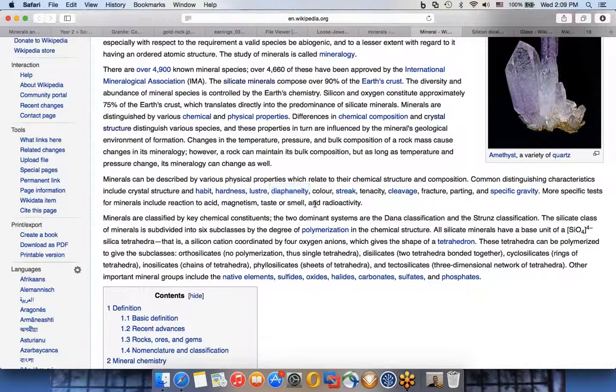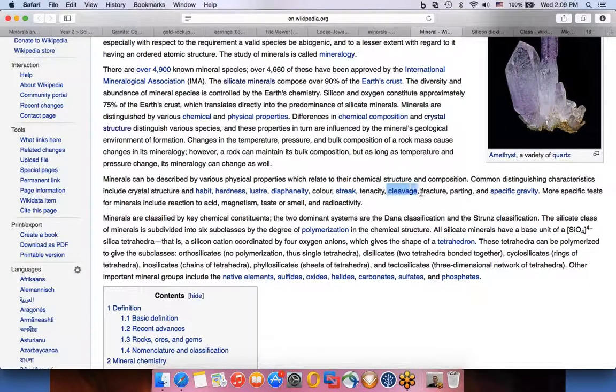The color, of course, which color they are, depends on the atoms that compose the mineral and what type of light they reflect. Streak is another characteristic.